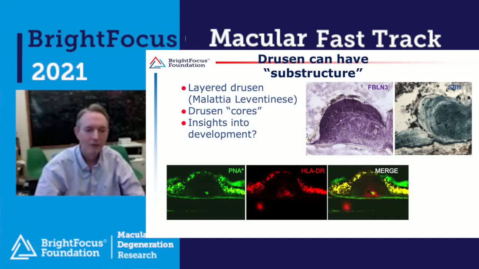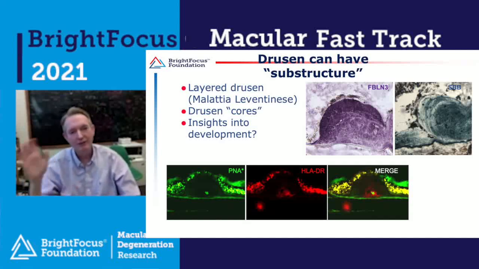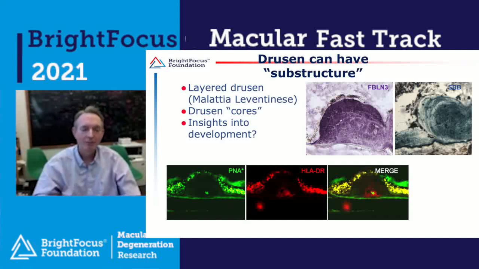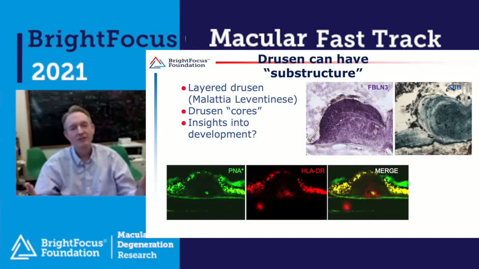And these are really remarkable when you take tissue sections, treat them with the enzyme neuraminidase to remove sialic acids, and then stain with peanut agglutinin, which normally doesn't react with drusen at all. But when you've removed sialic acid first, you can often see these little core domains here. These are frequently ensheathed in MHC class 2 antigens, HLA-DR. And then you just see them merge on the bottom right there.